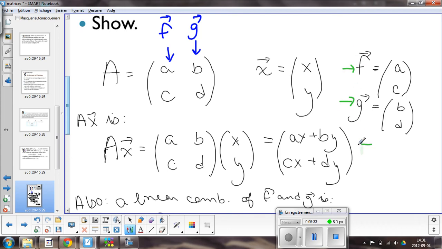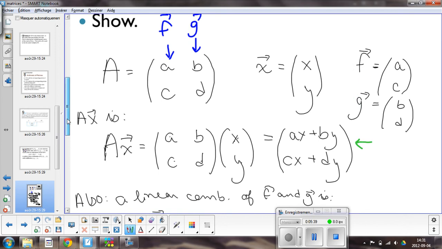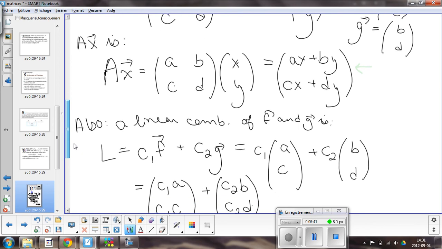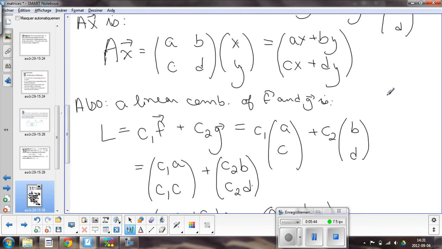So let's see if I can write this thing here as a linear combination of these two guys. Okay, well let me try and write down a linear combination of f and g. So I don't know what it's going to be, but it looks like this. A linear combination of f and g is what? Well, let's call this linear combination L. It's a vector. C1, certain coefficient, times the first vector, plus C2 times the second vector.